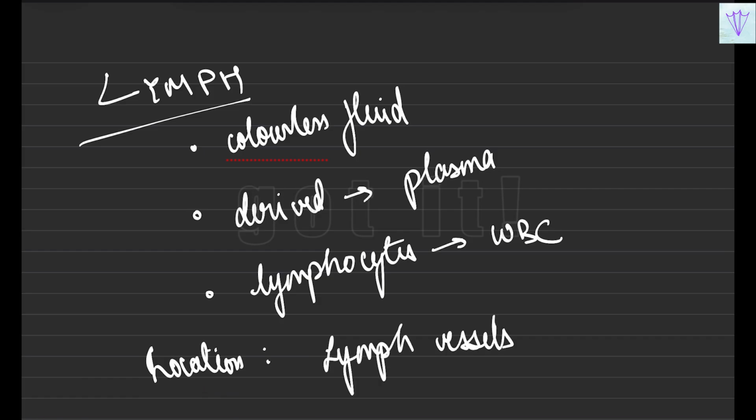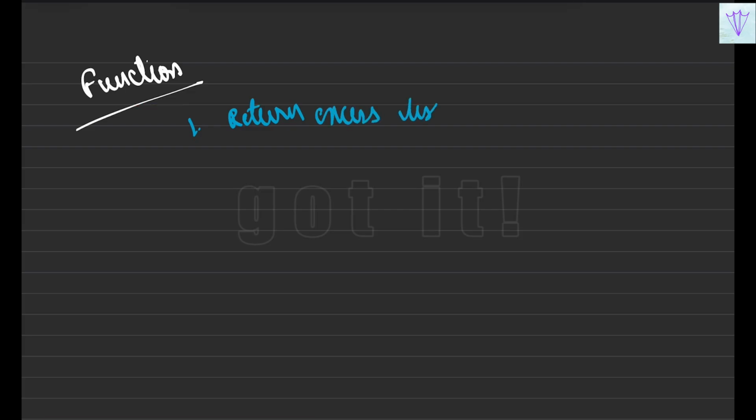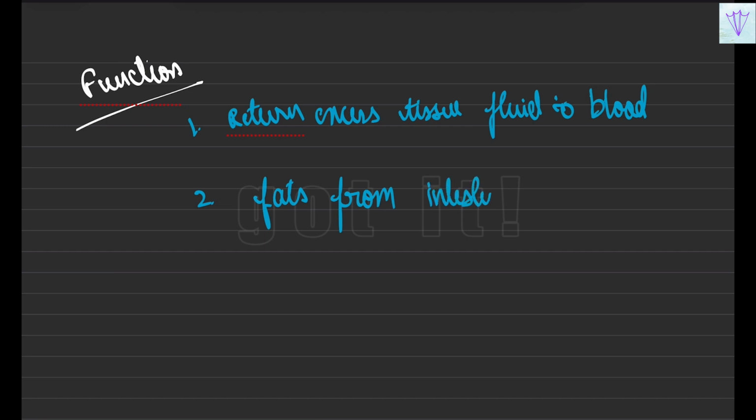vessels. Okay, so what is the function of this primarily? Why is it actually there alongside the blood? Because it will return excess tissue fluid to blood, and it will transport the absorbed fats from the intestine.